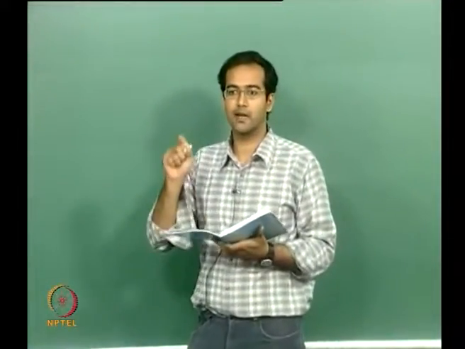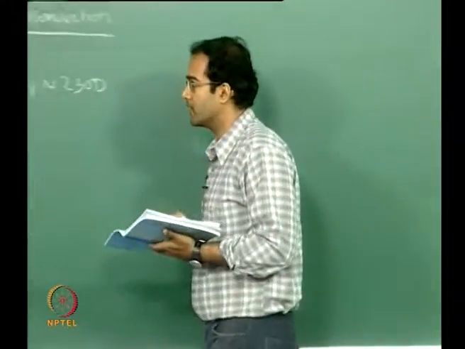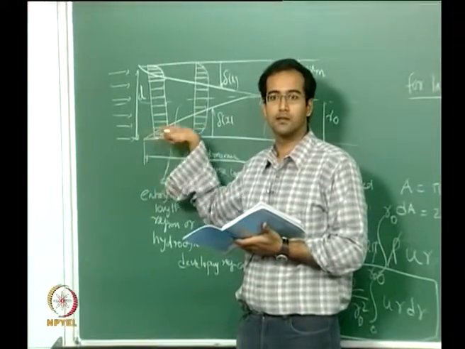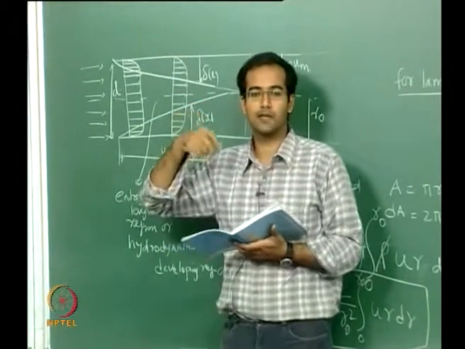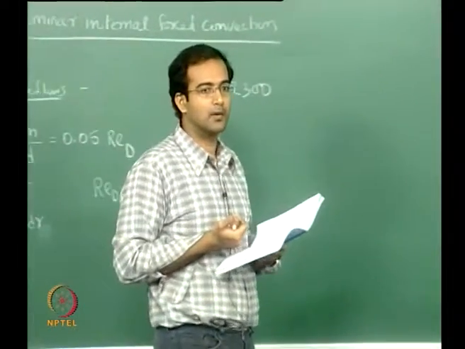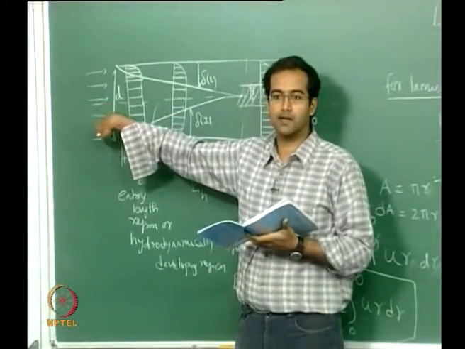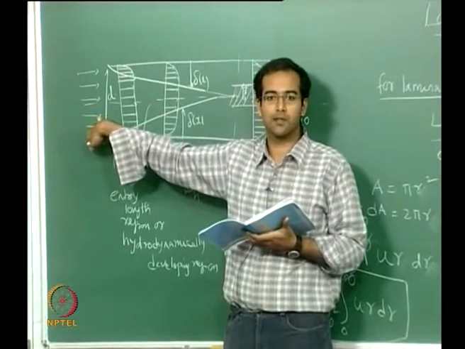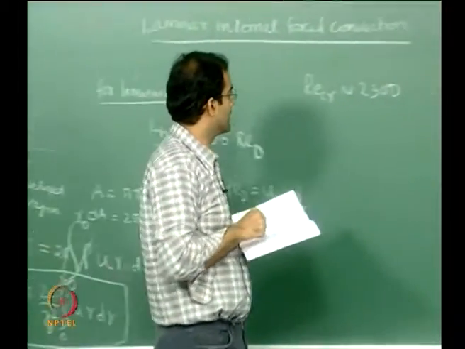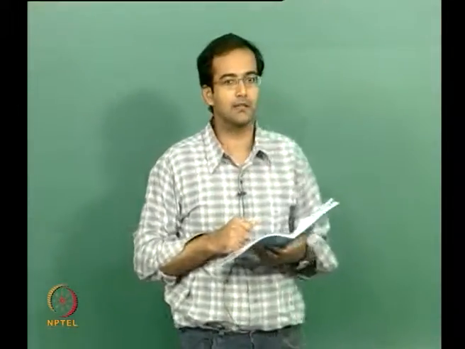Once again, this is an approximate value. It need not become turbulent exactly at 2300. In fact, if you maintain the walls of this channel extremely smooth, it can remain laminar even as high as 7000 or 8000. If the turbulent intensity at the inlet is so small that it cannot trigger early transition to turbulence, and if the walls of the channels are very smooth, the critical value can be as high as 8,000 or 9,000.